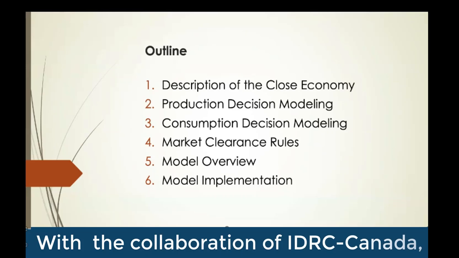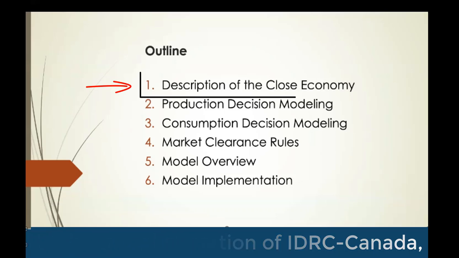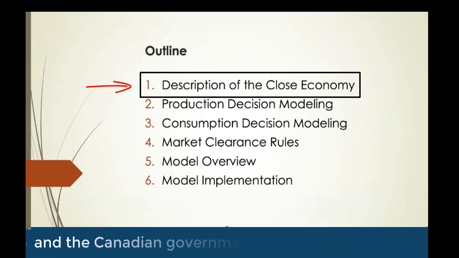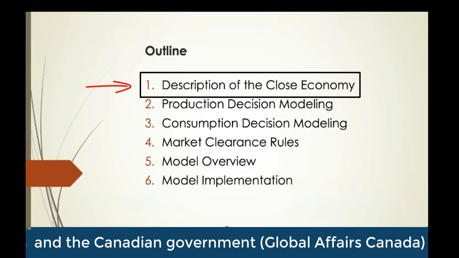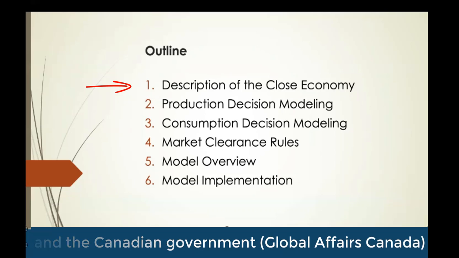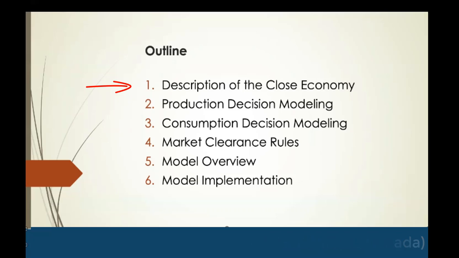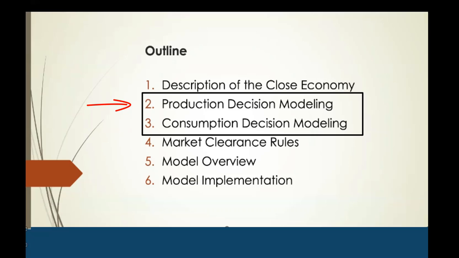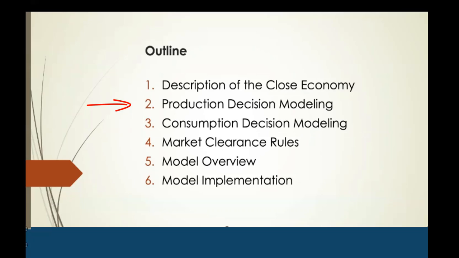The presentation is organized in 6 parts. The first part describes the economy we are going to model. The modeling of production and consumption decisions is discussed in parts 2 and 3.